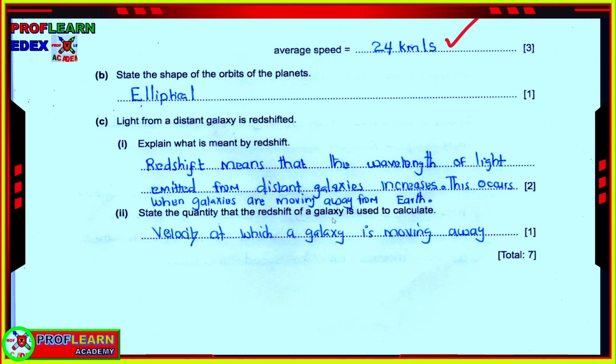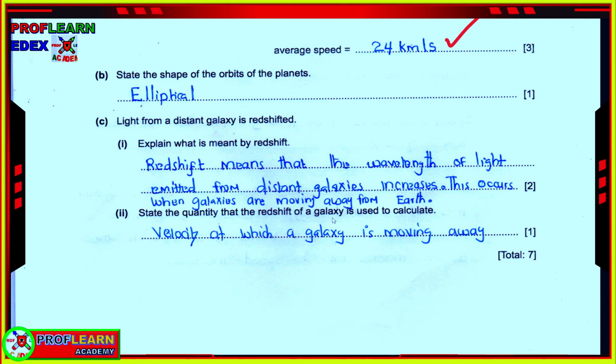But when the wavelength of the light observed increases compared to the light emitted, then in question number 3, we are supposed to explain what's meant by redshift, and we are going to say that redshift means that the wavelength of light emitted from a distant galaxy increases when it's observed. This occurs when the galaxy is moving away from the Earth.